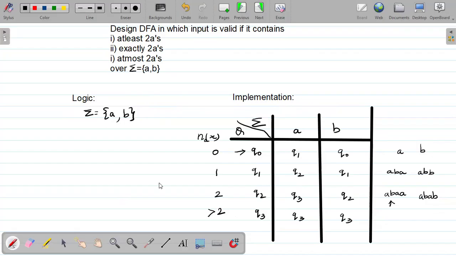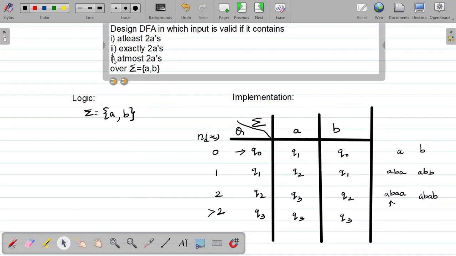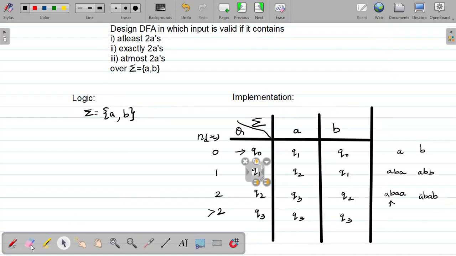So there is a third subpart; we have seen the first, the second, and this one is the third. Based on the question, we will define the final states. The start state is Q0. The first question says at least 2 a's.